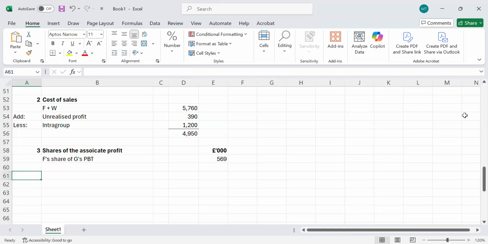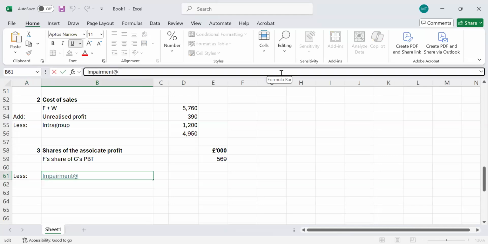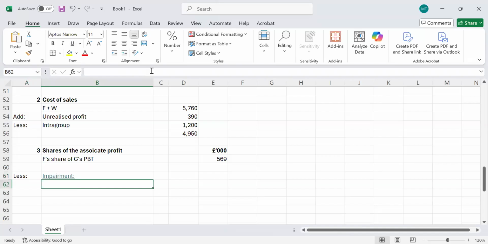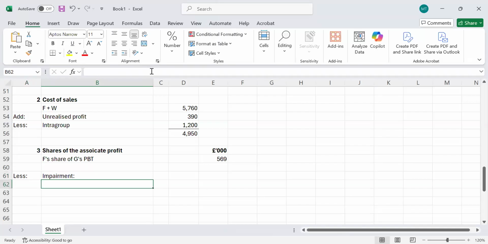So I'm going to remove impairment, or goodwill impairment, if you like. Impairment is the difference between what was paid over and above the net asset value.